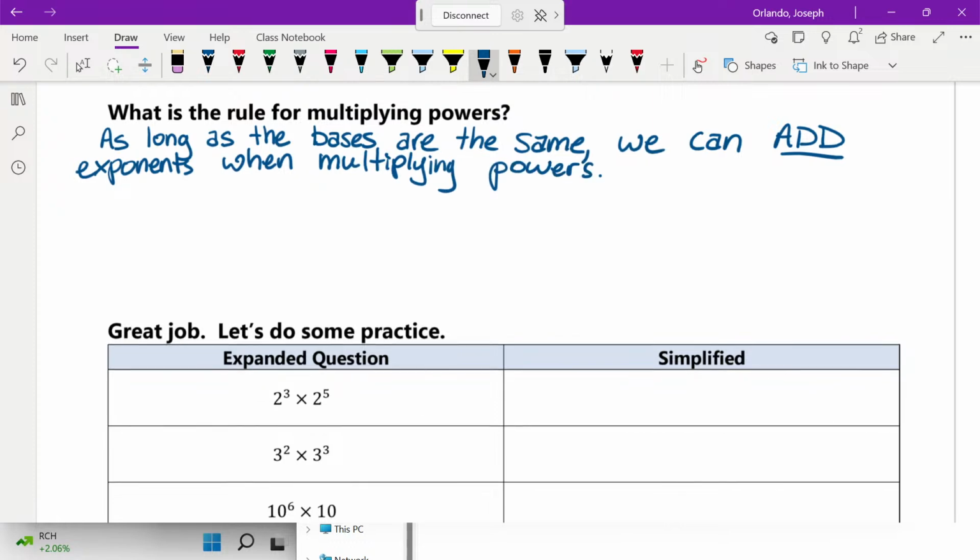And I kind of want to do an example and a non-example, one that would work and one that doesn't. So let's do here one that works.